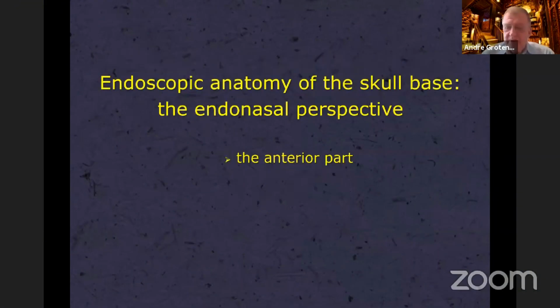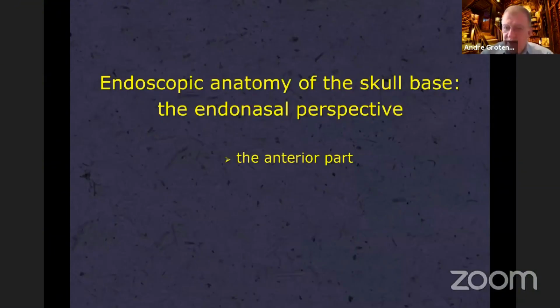So the anterior part, the first part of the nose, let's look at the nasal cavity. When I learned transsphenoidal approaches, it was getting that speculum as quickly into it, down to the area that we felt familiar with. That was the sella.